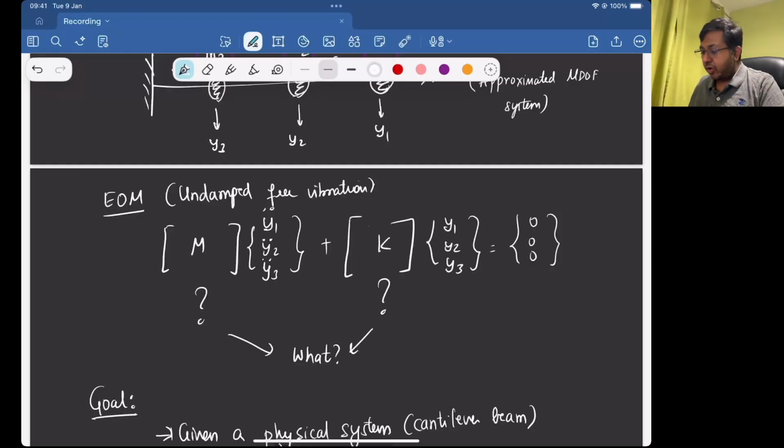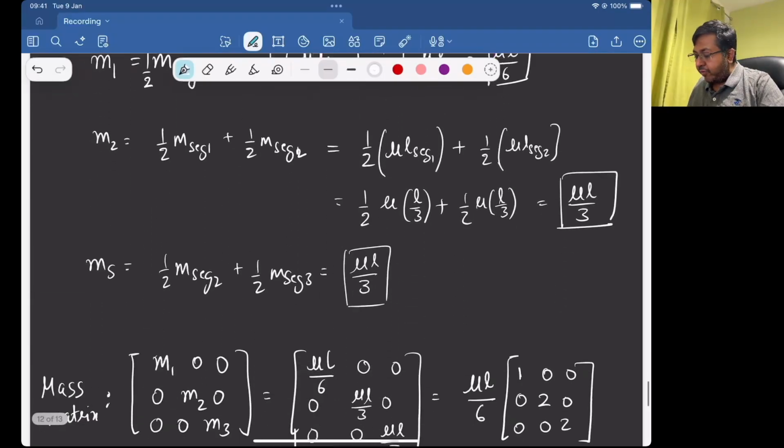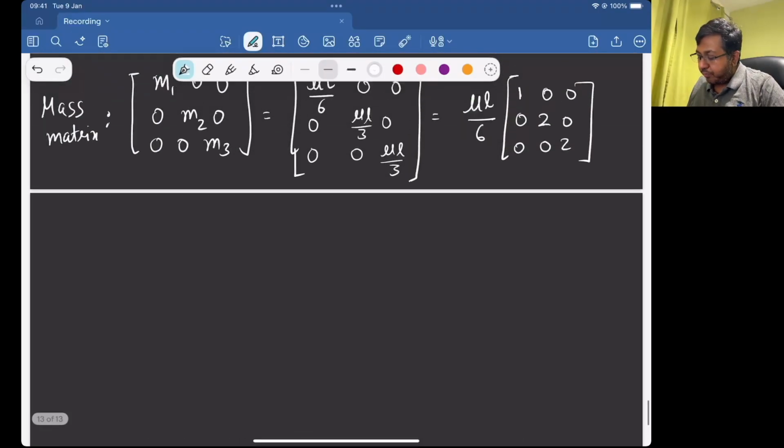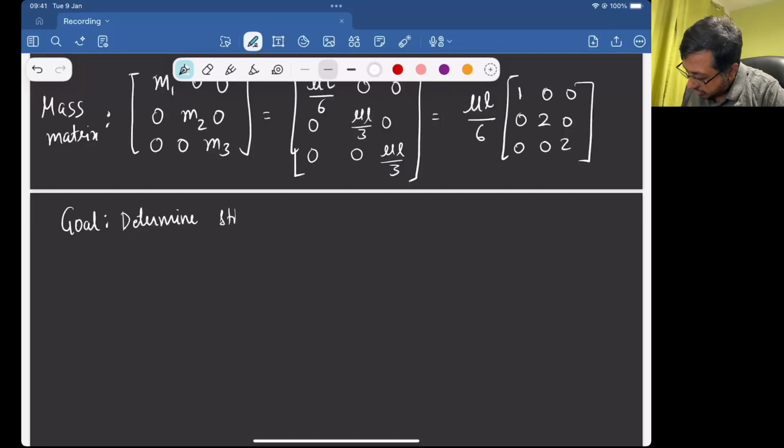So our goal now is to determine the stiffness matrix. Once we know it, our equation of motion is complete.